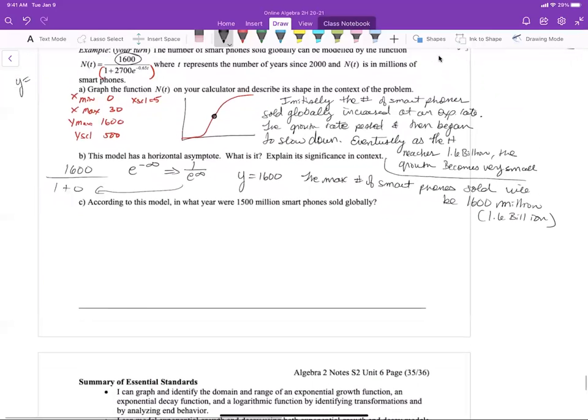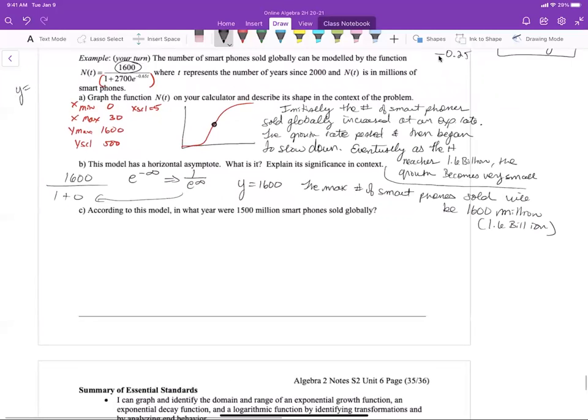All right. According to this model, in what year were 1,500 million smartphones sold globally? In what year? Okay, I have 1,500 equals 1,600 divided by 1 plus 2,700 e to the minus 0.65t, and I'm looking for t. I have to get rid of this fraction.